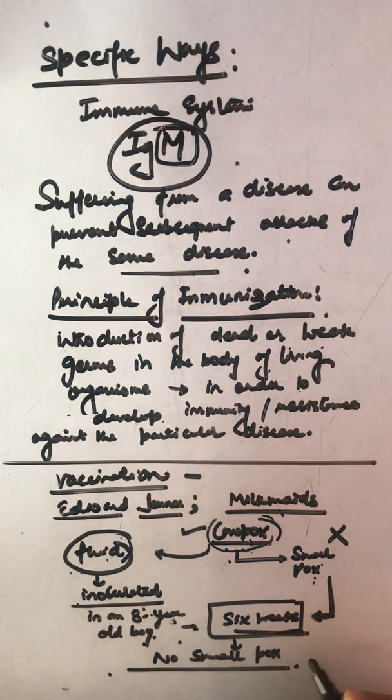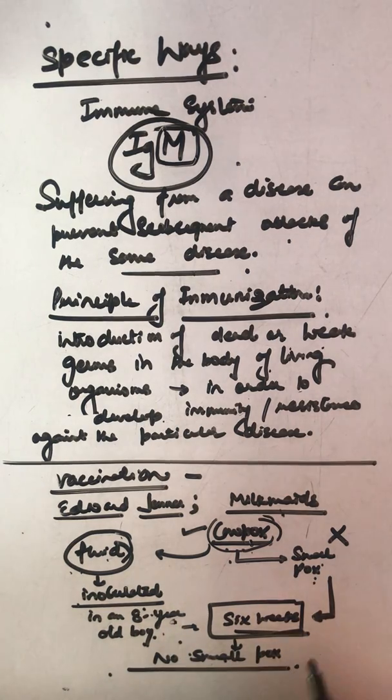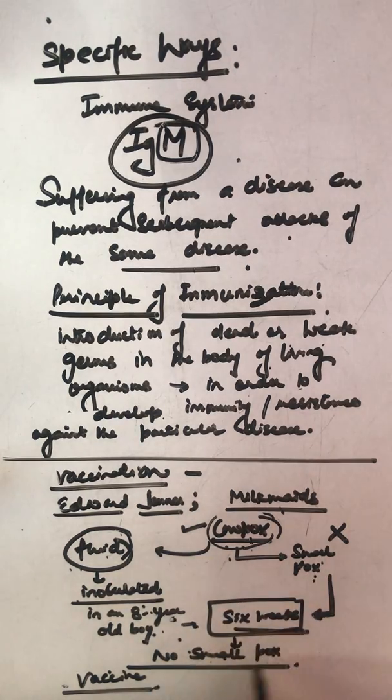The reason is that the cowpox virus is closely related to the smallpox virus. And since it is related, the term vaccine was coined. Vacca means cow in Latin. Alright, only because this thing worked so effectively.